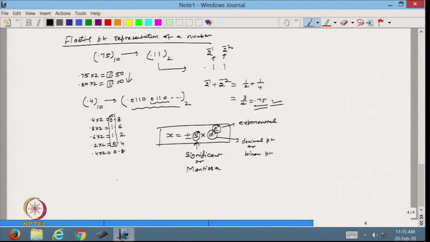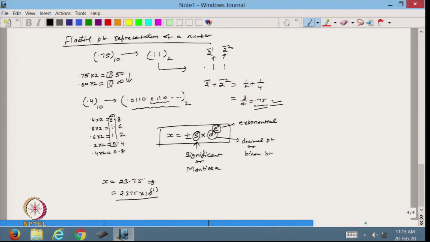So, suppose I have a number x equal to maybe 23.75. I can write this number as 2.375 multiplied by 10, so in this case the power is 1. That is the number we have.